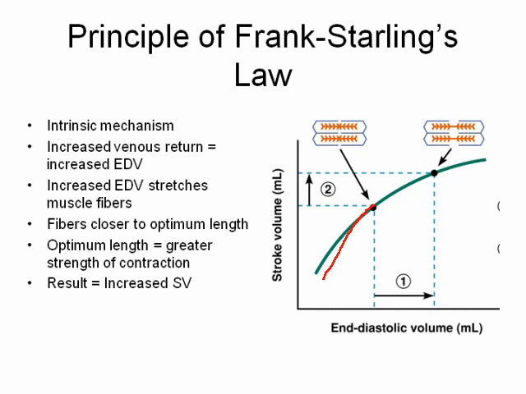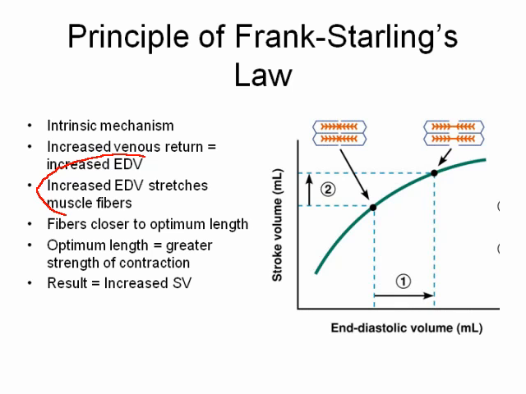If we contract it too much, the tension starts dropping off. So we actually want to be right here in this optimum range. So increased venous return, that is increased blood flow into the ventricle, is going to increase stroke volume up to a certain point. This curve is going to flatten out very quickly beyond what's shown in this curve.